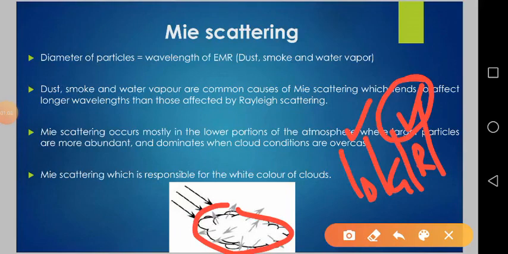Due to the combined effect of the Rayleigh scattering along with the Mie scattering, we can see the white light, or visible light, coming from the cloud after scattering. Therefore we sense the cloud as white in color. So this is regarding the importance of Mie scattering.